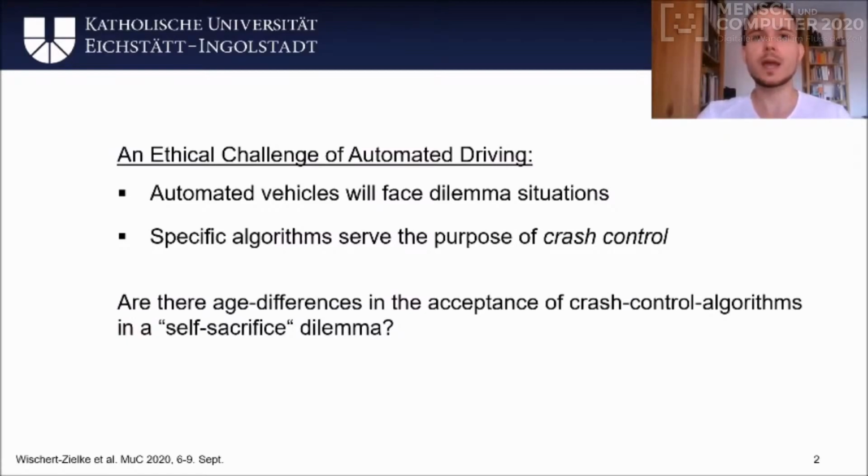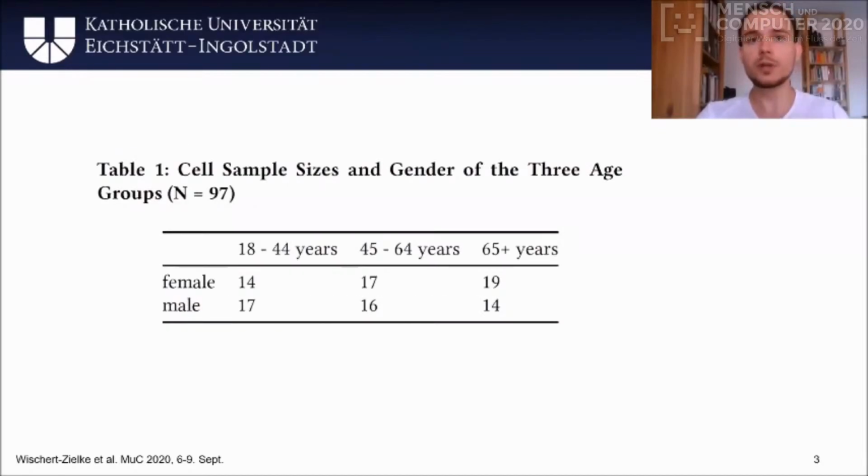Our study assessed people's acceptance of such crash control algorithms in a self-sacrifice scenario. Our aim in doing so was to relate people's acceptance of these algorithms to their age. Hence, we used 3 comparable age groups: young, between 18 to 44, middle, 45 to 64, and old, above 65 years.